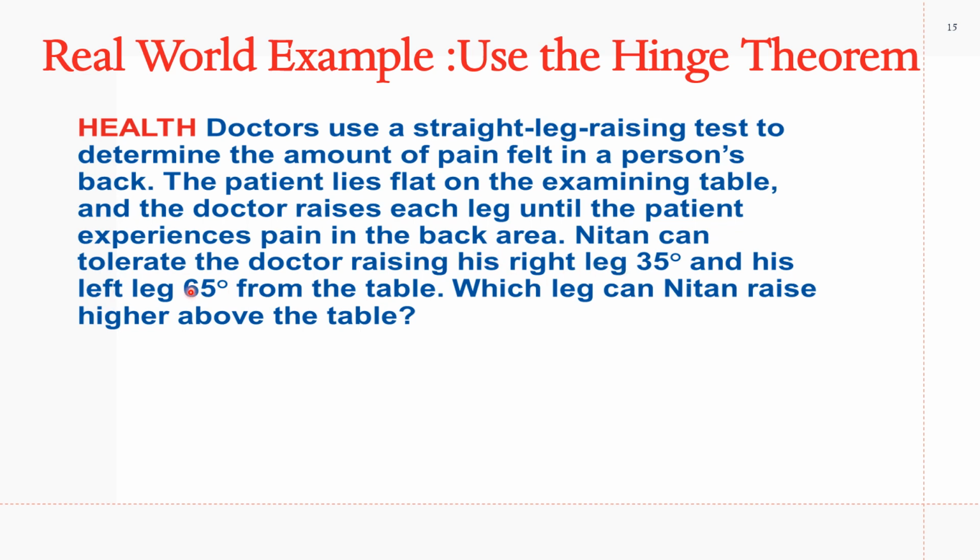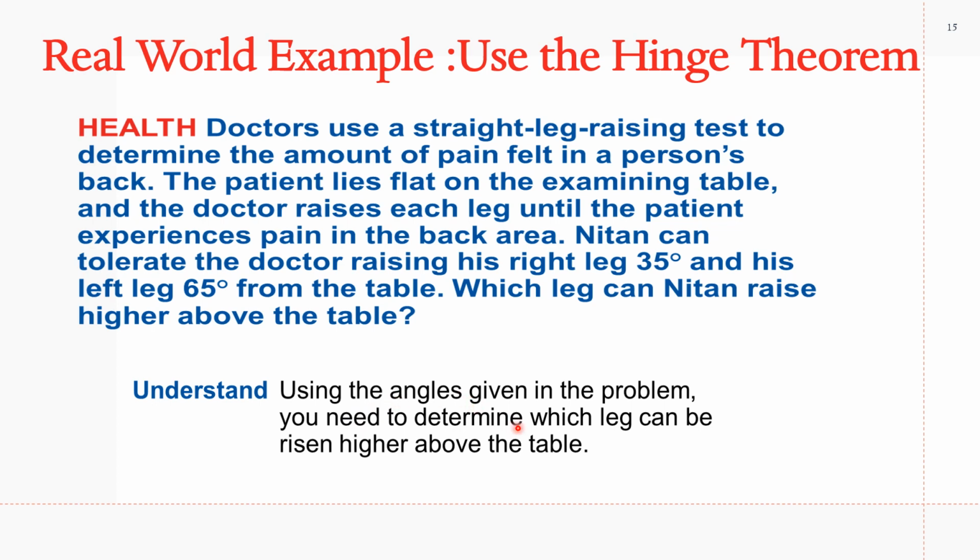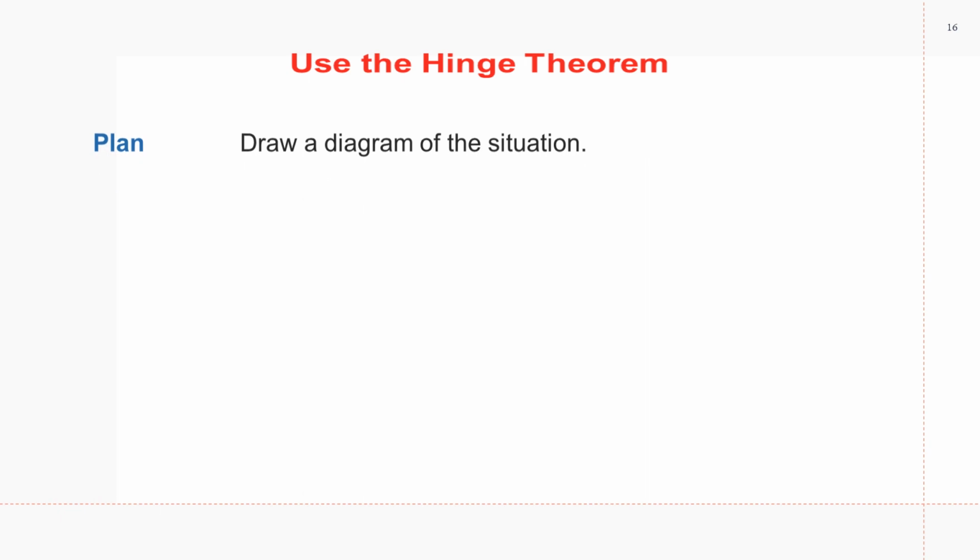Nathan can tolerate the doctor raising his right leg 35 degrees and his left leg 65 degrees from the table. Which leg can Nathan raise higher above the table? Understand: using the angles given in the problem, you need to determine which leg can be raised higher above the table.